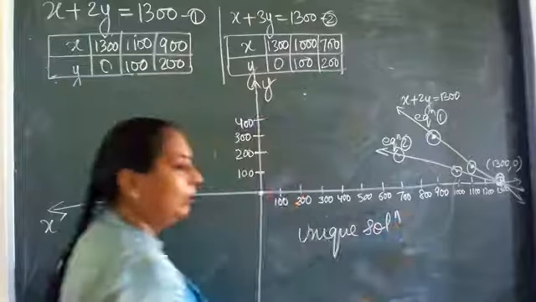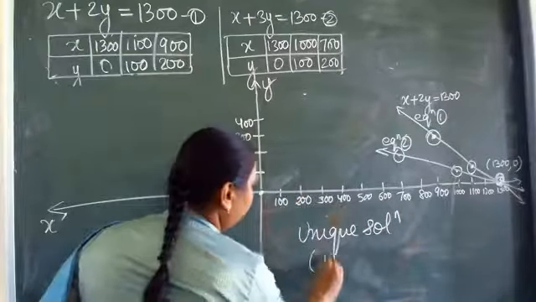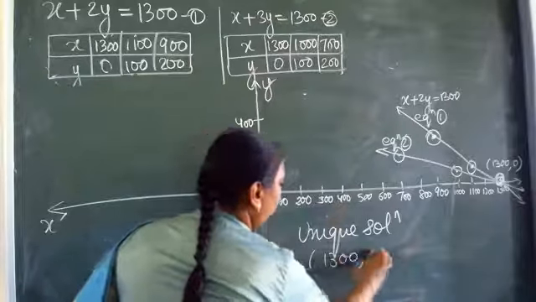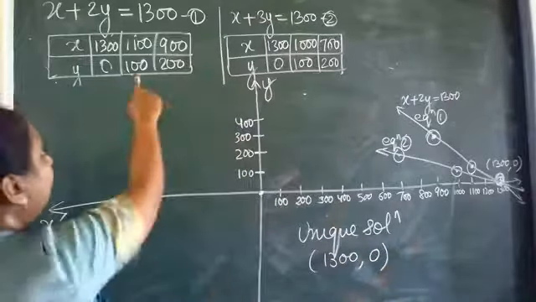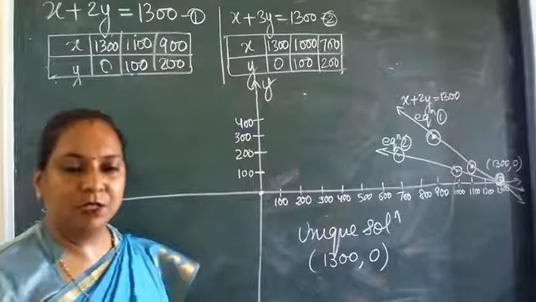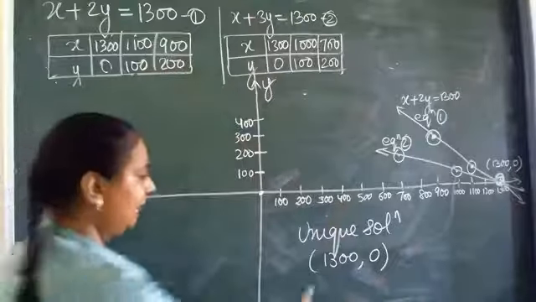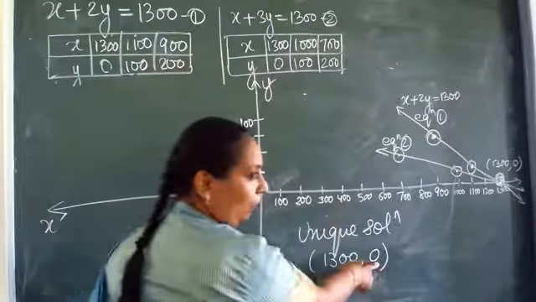Unique solution means only one solution, one point. 1300, 0 means that when we solve these two equations by either the elimination or substitution method, we get x value equal to 1300 and y value 0.